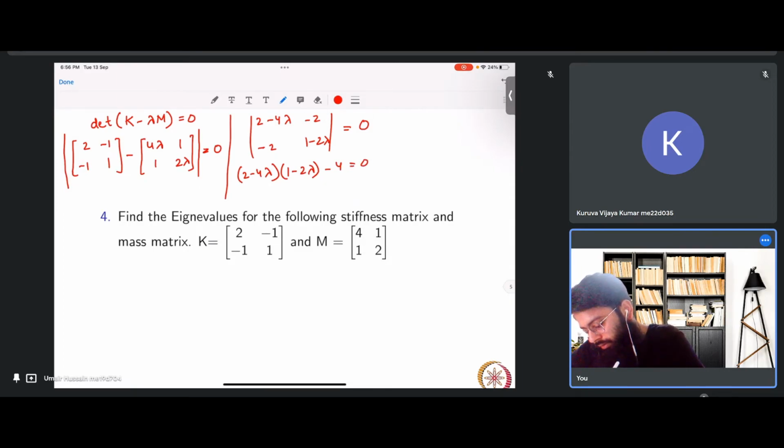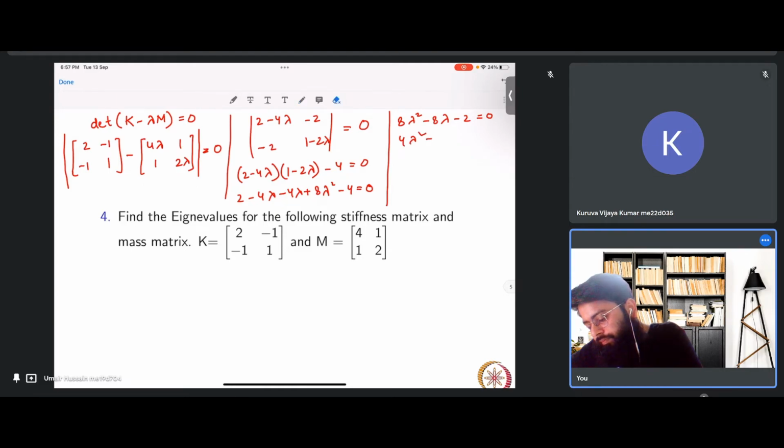Solving this we get 2 minus 4 lambda minus 4 lambda plus 8 lambda square minus 4 equals 0. So what do we get here? 8 lambda square minus 8 lambda, and that's 2 minus 4 minus 2, equals 0. That's 4 lambda square minus 4 lambda minus 1 equals 0.